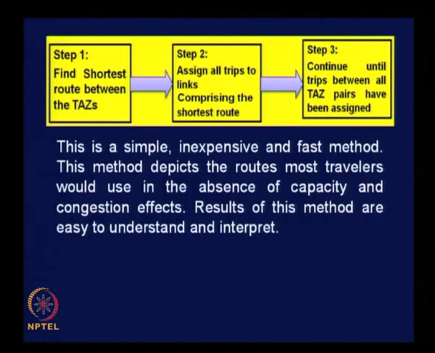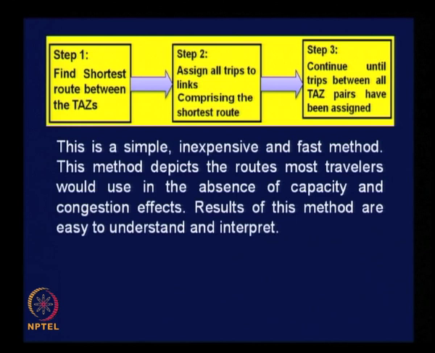Based on that assumption, we assign traffic on all the links comprising the minimum path, isn't it? Results of this method are easy to understand and interpret. Interpretation is quite simple and understanding is also relatively easier.